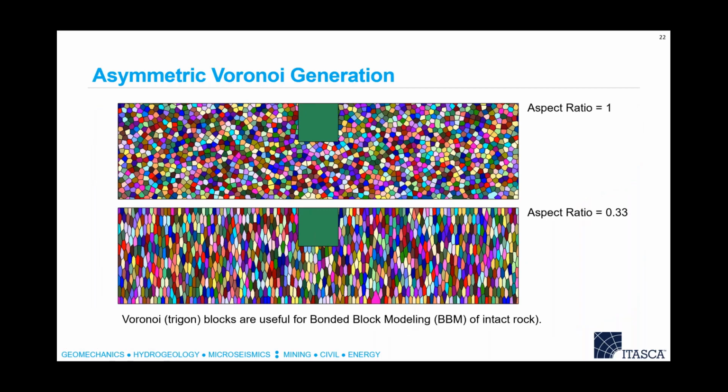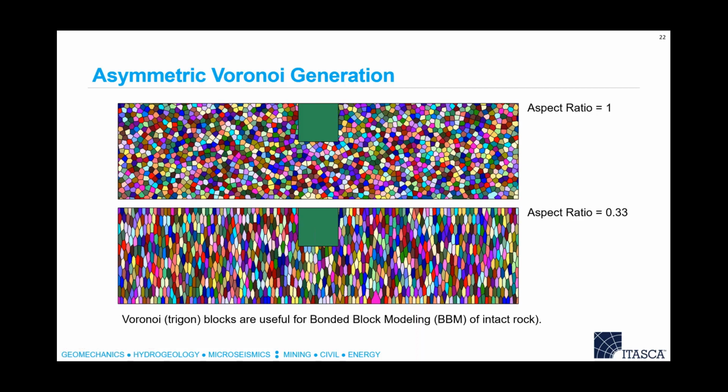We have asymmetric Voronoi generation. Generally, the aspect ratio of the Voronoi generator, you could think of perhaps this as a rock cut, some kind of slot here of an intact sample, and these are essentially mineral grains.